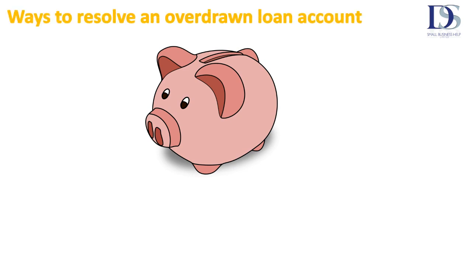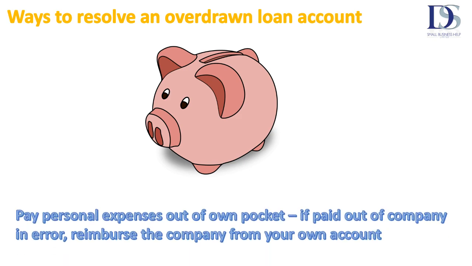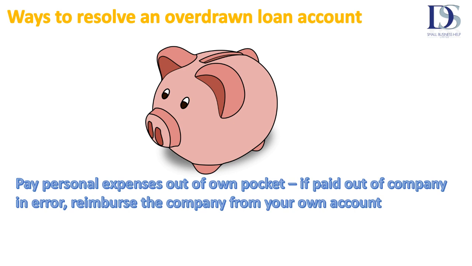So we have our overdrawn director's loan account, and we need to look at ways to resolve this situation. And there are three main things that we could perhaps look at. The first is preferably avoid paying personal expenses out of the company. Pay it out of your own pocket.